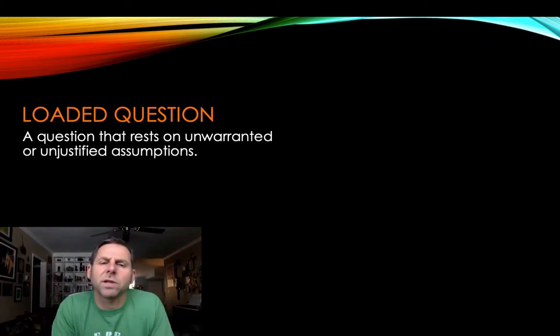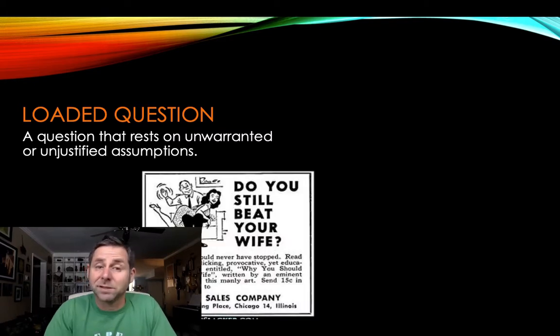Okay, the next one is the loaded question. And the loaded question is something that we'll get back to again later on in the course. But essentially, you've got this question, and it's not really a good question because it rests on unwarranted or unjustified assumptions. This is, by the way, a real ad from a newspaper in the 50s from Chicago for a book.